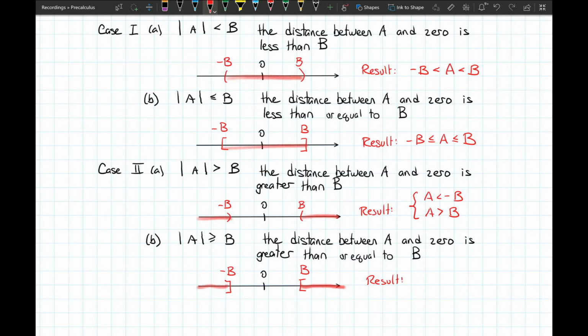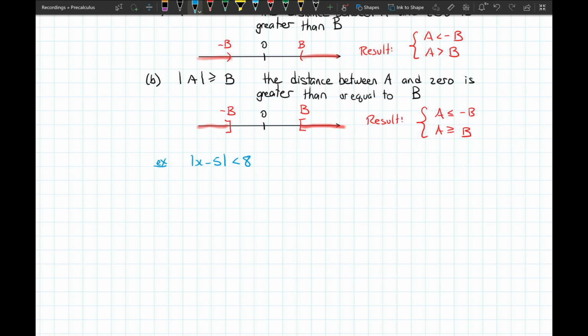And the result here would be two inequalities, A less than or equal to negative B, or A greater than or equal to positive B. Now I've drawn all of these number lines as if B was a positive value, but B is any expression. And then an expression itself could end up being negative, in which case negative B would be on the right-hand side.